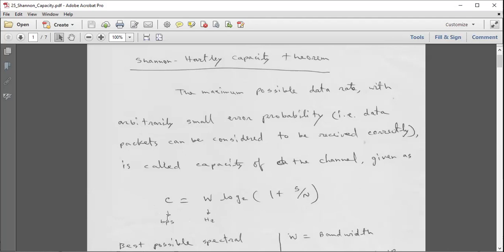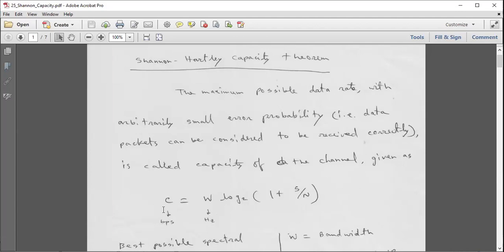But what do you mean by this maximum possible theoretical limit? What if you send an even higher data rate? What will happen then? Well, most people are mistaken here in understanding the concept of Shannon's capacity. What he means is that this is the maximum data rate considering almost no errors at the receiving end.